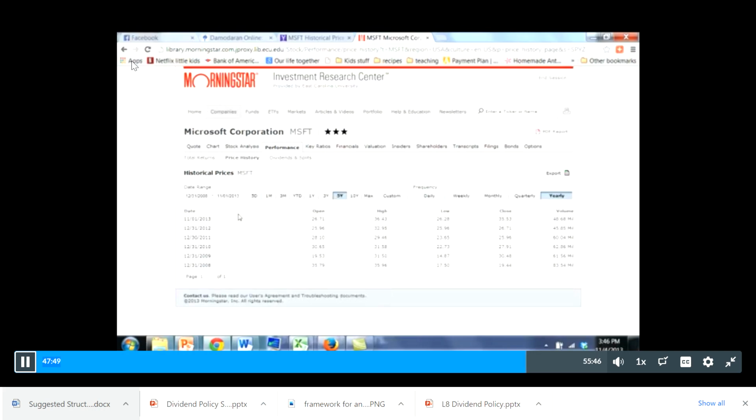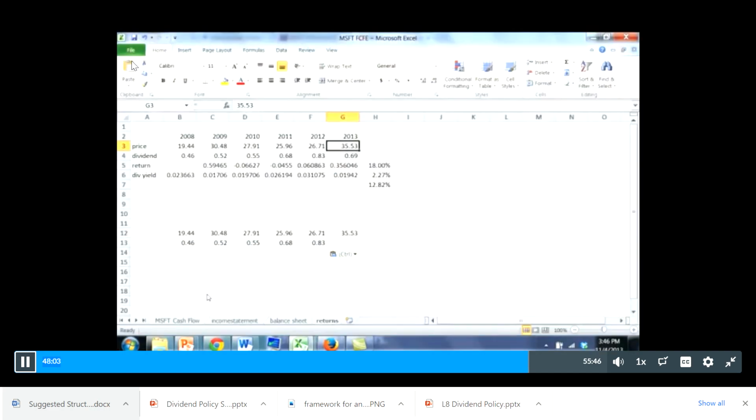It gave me the most recent closing price for this year. And, you know, since we're almost to December, I'm not going to quibble too much about that. I could ignore 2013 if I want to, but when I look at what's going on with Microsoft, the 2013 number looks pretty good compared to 2012 already. So I'm going to go ahead and use it.